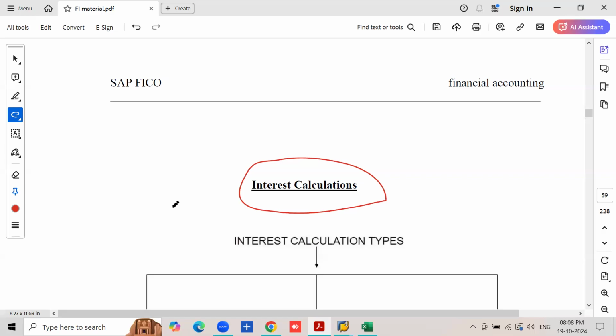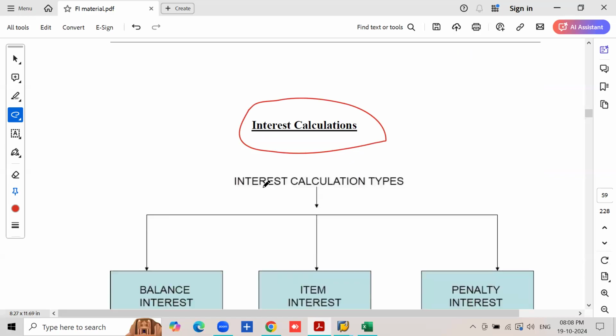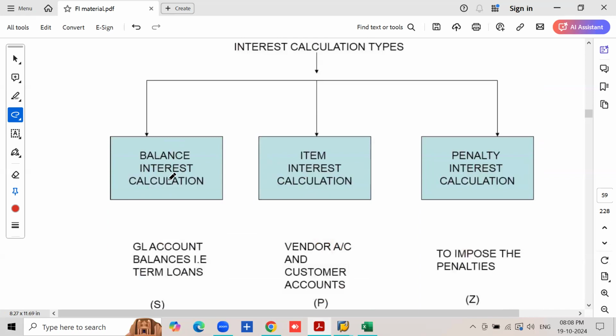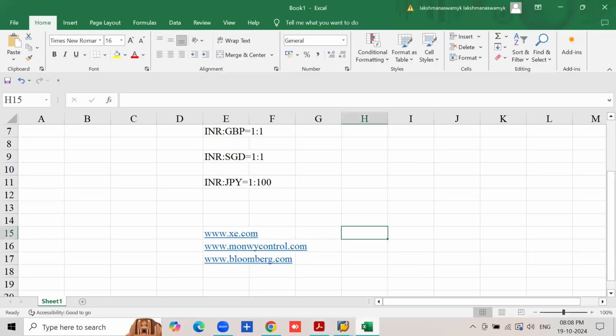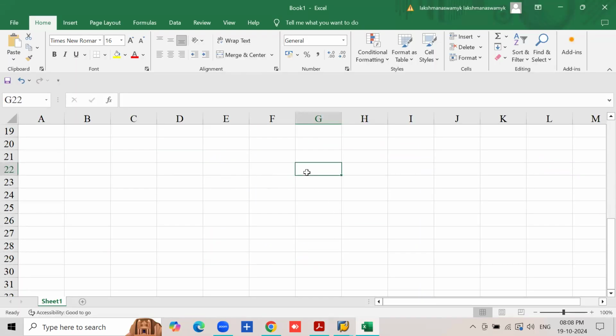See, interest calculations. So what is this interest calculation? First I will explain the functionality and necessity for the interest calculation configuration. Say, for example, we have taken one term loan and the tenure is 10 years.